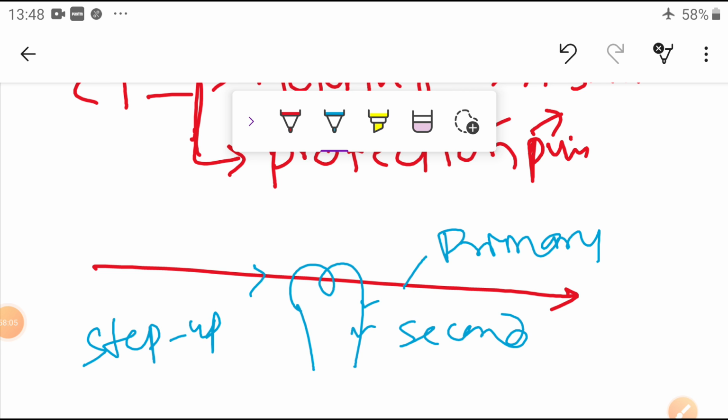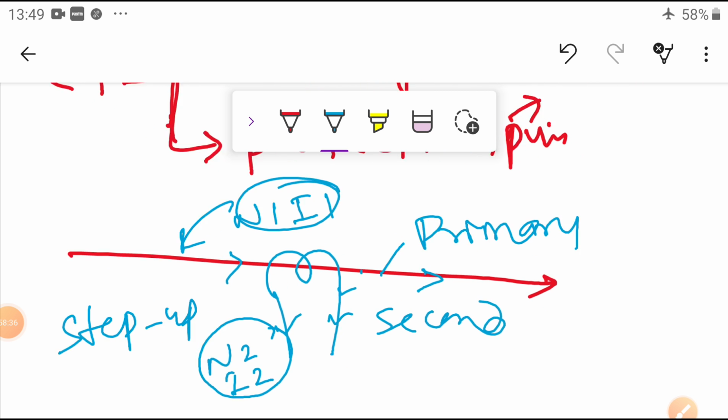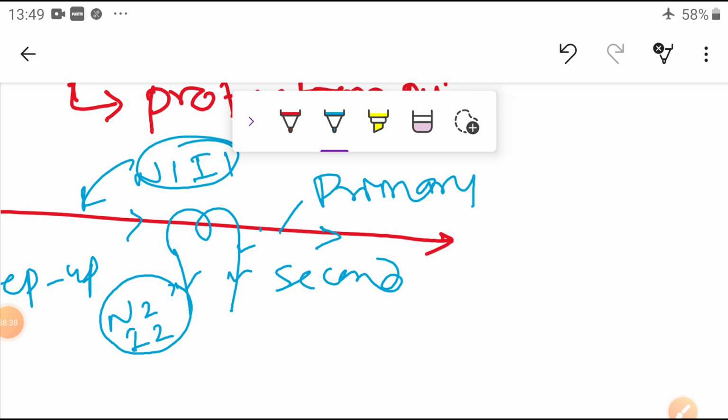And it works on the principle of primary MMF and secondary MMF. What is the meaning? Here the primary winding has N1 turns, with current I1. The secondary has N2 turns, with current I2. So these are the secondary values, and these are the primary line values. It works on the principle of MMF, magnetomotive force.